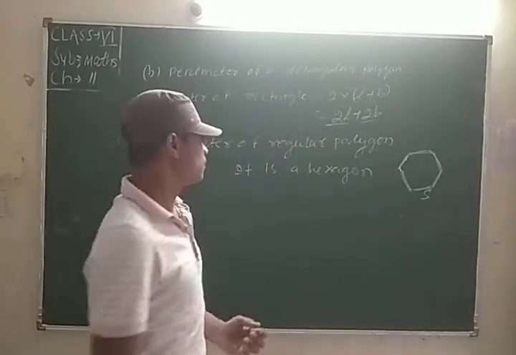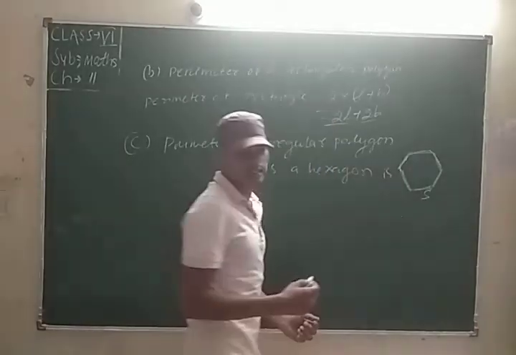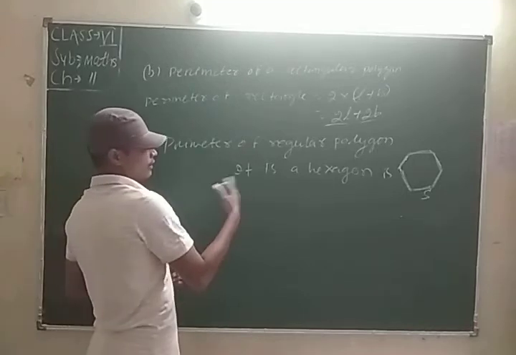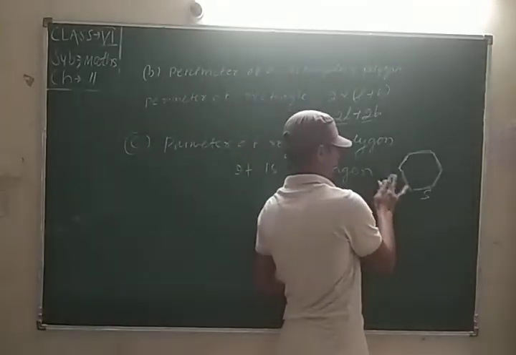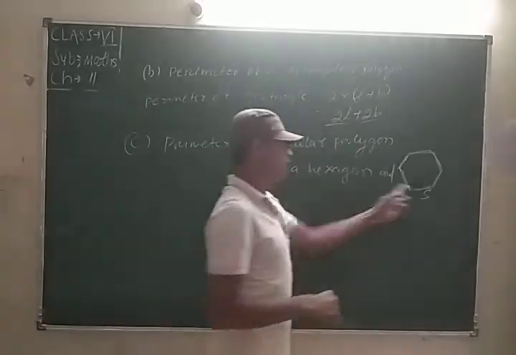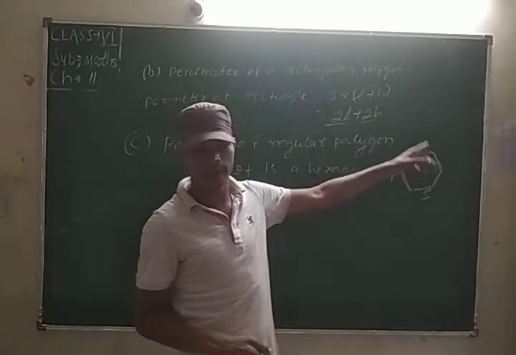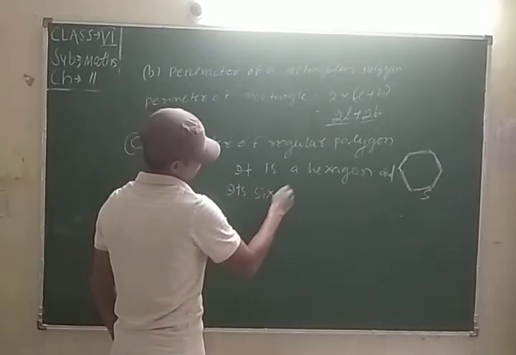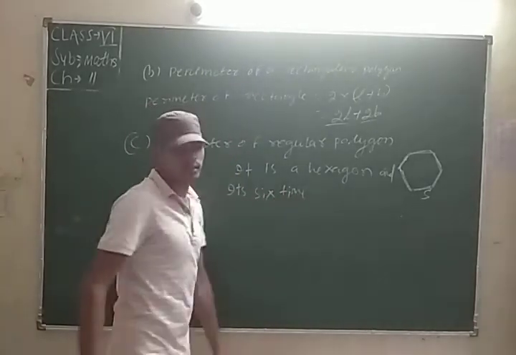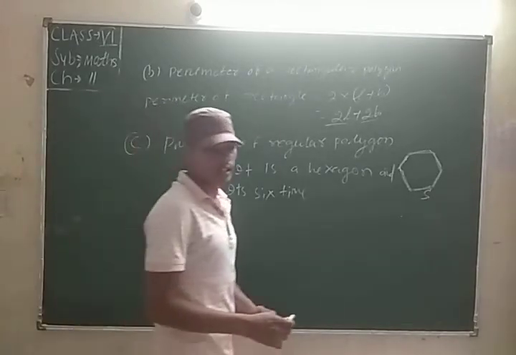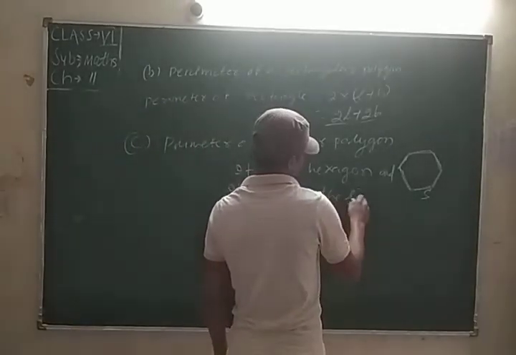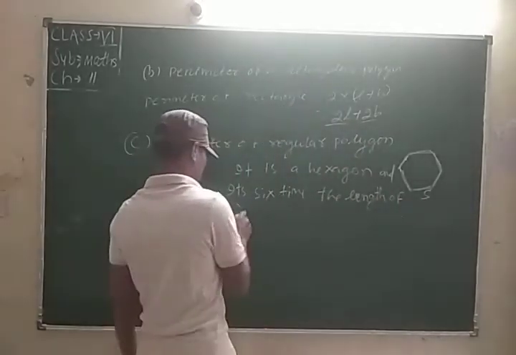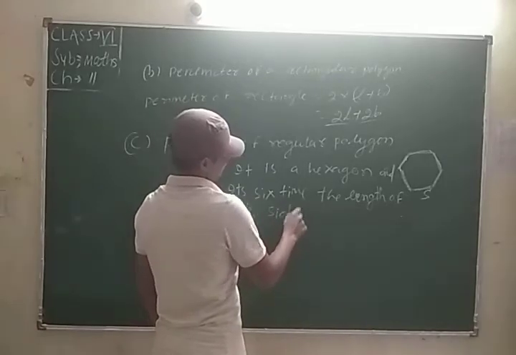So the perimeter of a hexagon is 6 times the length of its side.